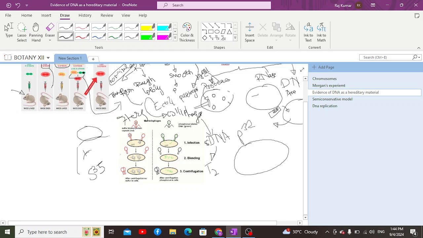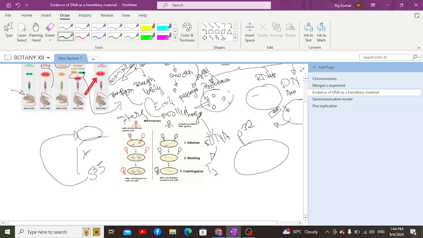Phosphorus 32 in one culture and sulfur 35 in another culture, which basically showed us that the sulfur 35, which was a radioisotope, would become part of the amino acids of the capsomere of the capsid of the bacteriophage in the first culture.